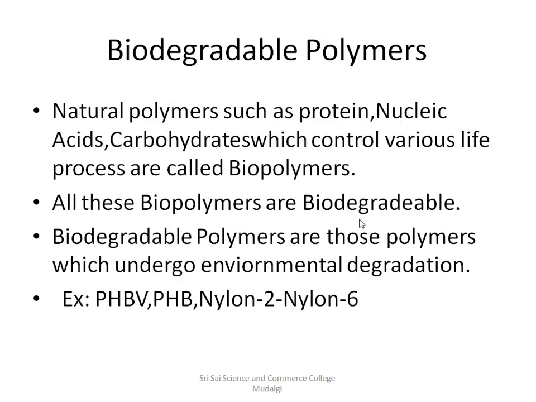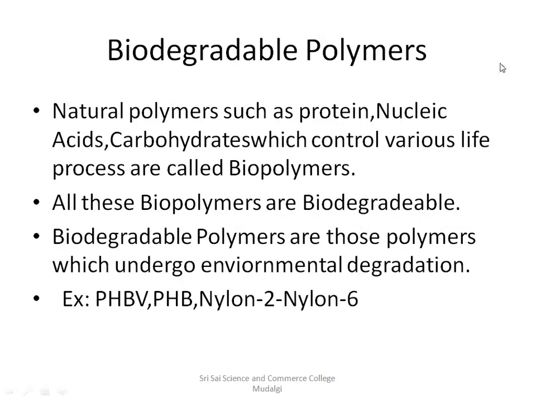Before that, I'll just repeat: we studied rubbers, natural rubbers and synthetic rubbers. Under natural rubber, we saw the preparation of natural rubber and vulcanization of rubber. Then under synthetic rubber, the three types called neoprene, Buna-S, and Buna-N. Then we go for the concept called biodegradable polymers.